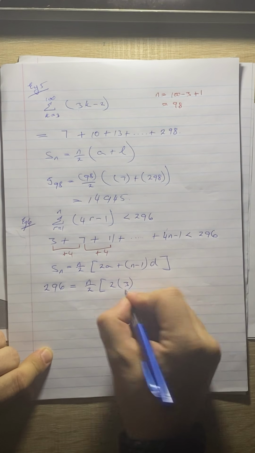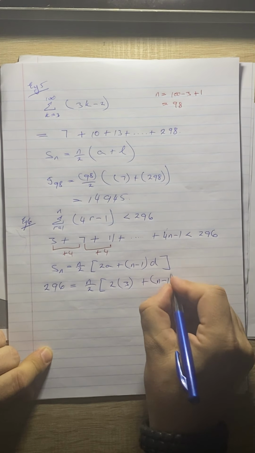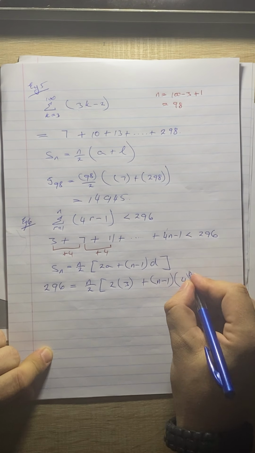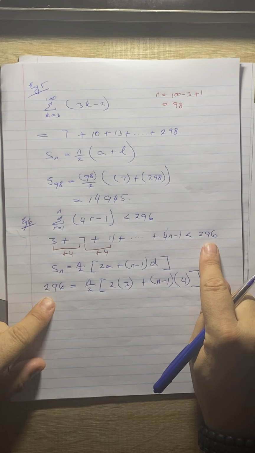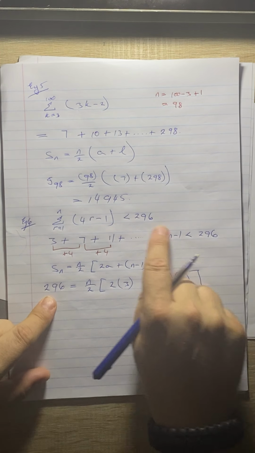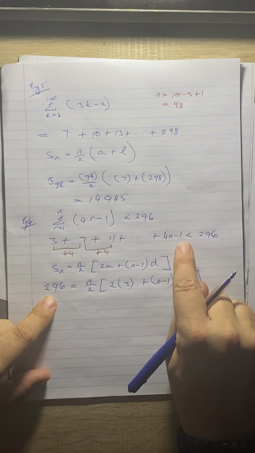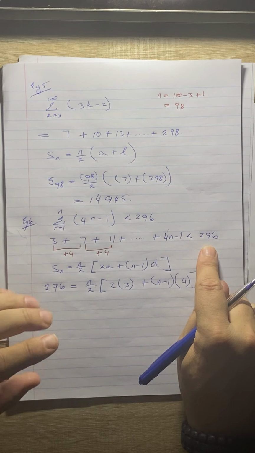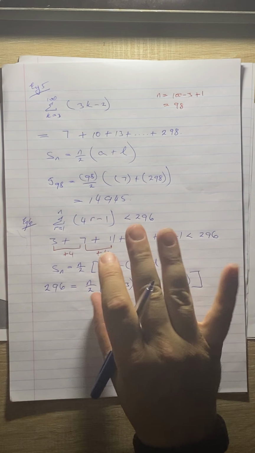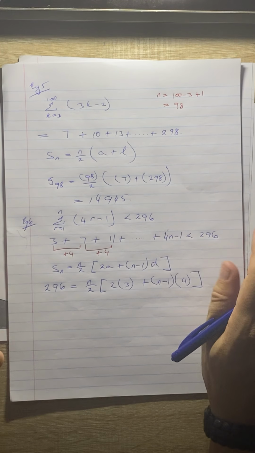Our a is 3 plus n minus 1, and our common difference is 4. I've set it equal to 296, but just keep in mind that whatever we sum here might not necessarily add up to this. It might be just a little bit less, or it might be just a little bit more.